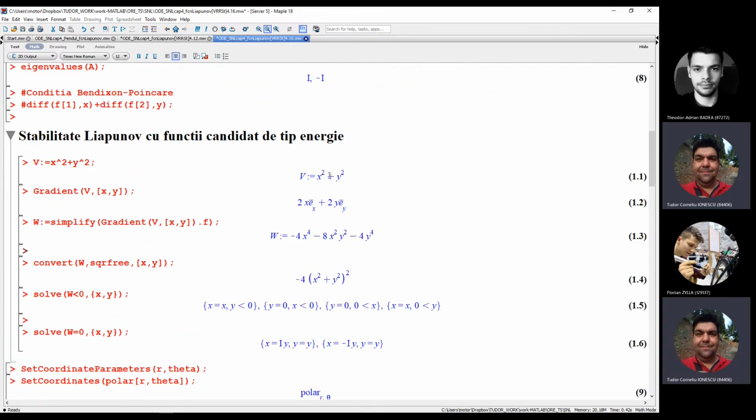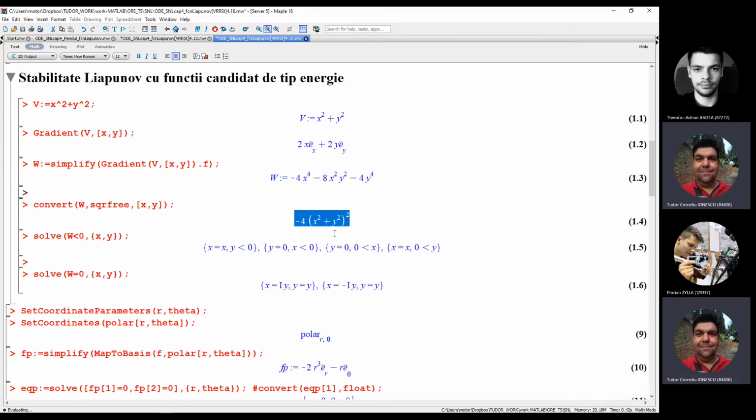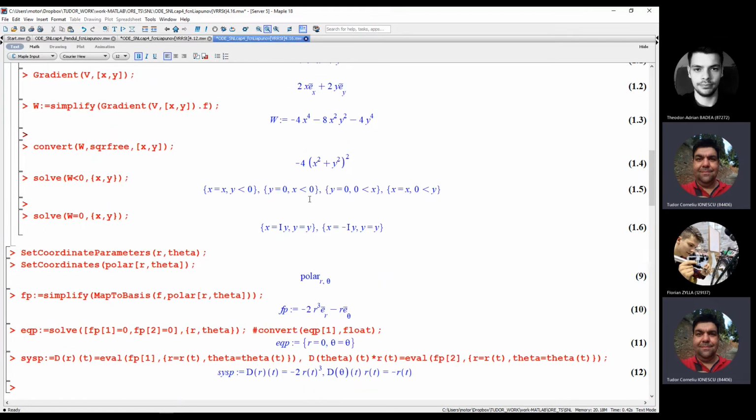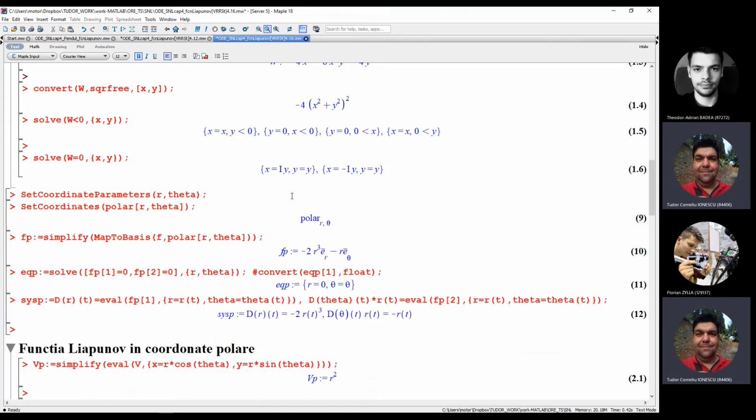So we use this simple quadratic Lyapunov function, and we can see that this is negative definite, because if you take it 0, both of them have to be 0. So even by LaSalle, only in 0, this is 0.